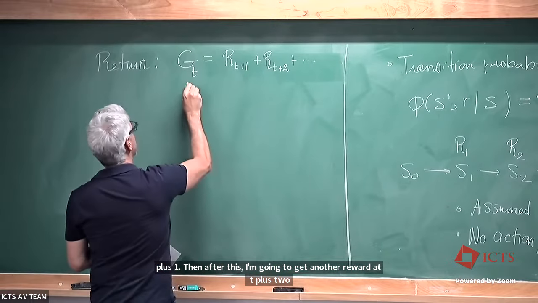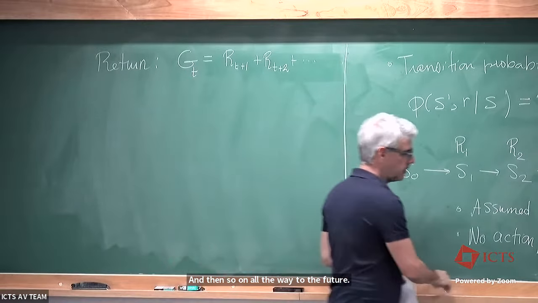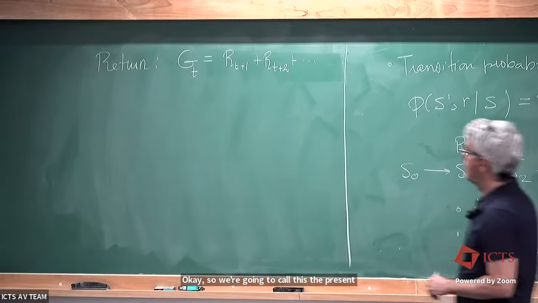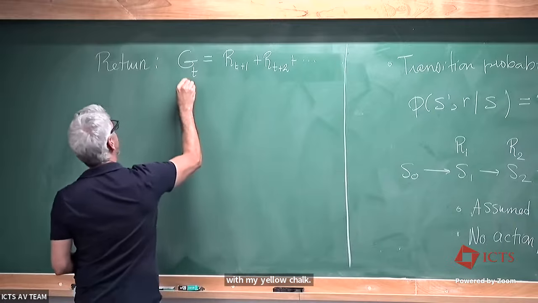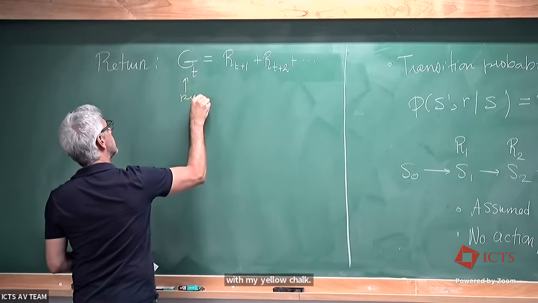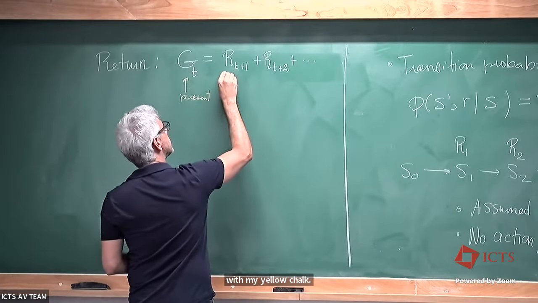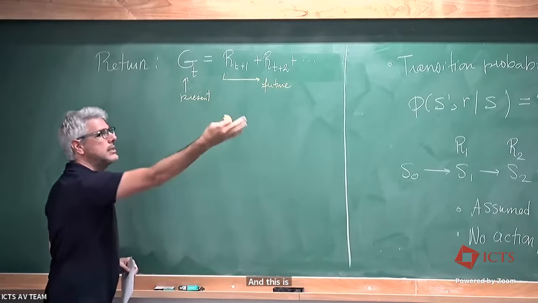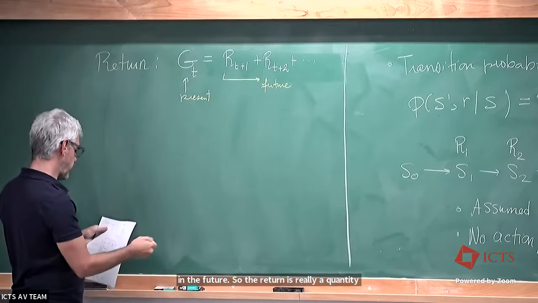Okay, so we're going to call this the present, with my yellow chalk. This is the present, and this is in the future. So the return is really a quantity that looks into the future. It's the sum of all the rewards.